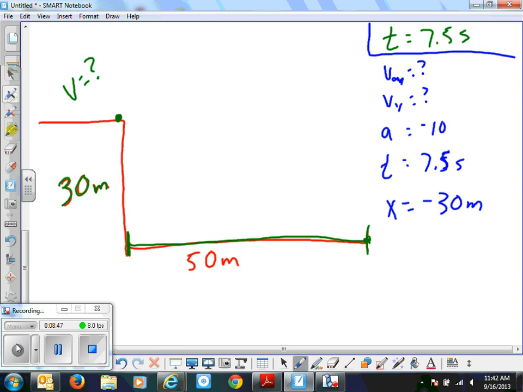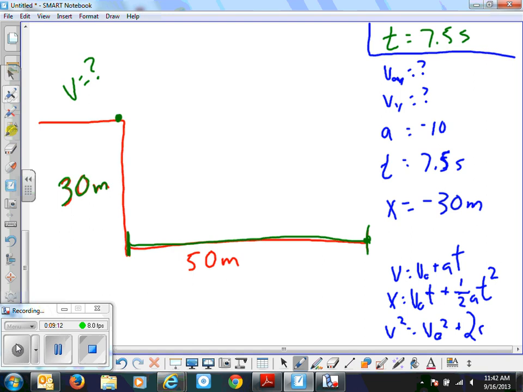So now I have my variable list, and if I have my formulas memorized, V equals V sub naught plus AT, X equals V sub naught T plus 1/2 AT squared, and V squared equals V sub naught squared plus 2AX.